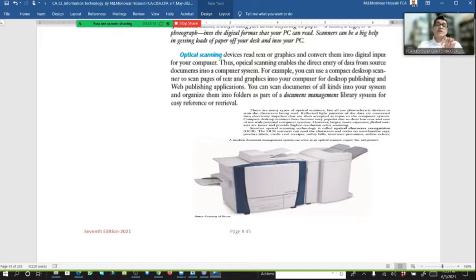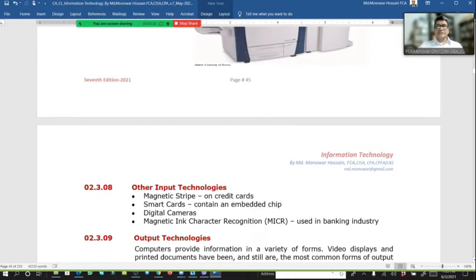That's why we need that type of scanner. If you scan it and it is converted by optical character recognition, called OCR, you can change the words and rectify them. So this is the positive side of optical scanners.